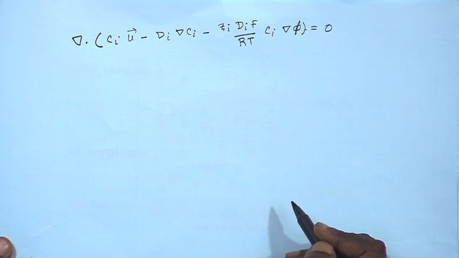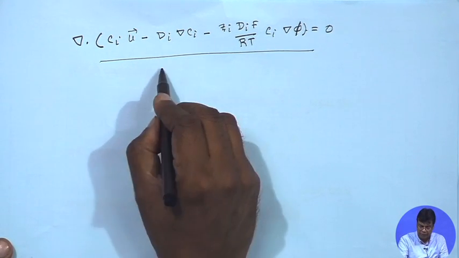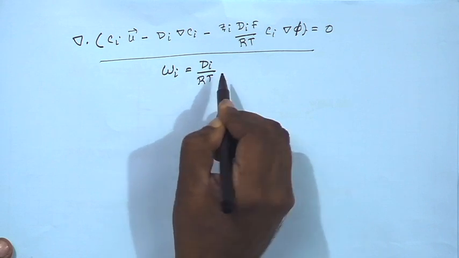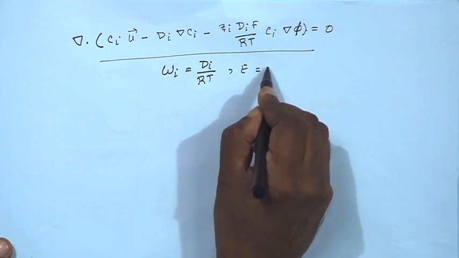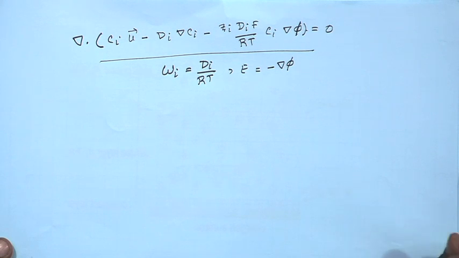In a steady situation, this becomes the governing equation for the ionic transport. Omega_i we have already defined as D_i by RT, and E is minus grad phi. So, basically this is what we have substituted over here.